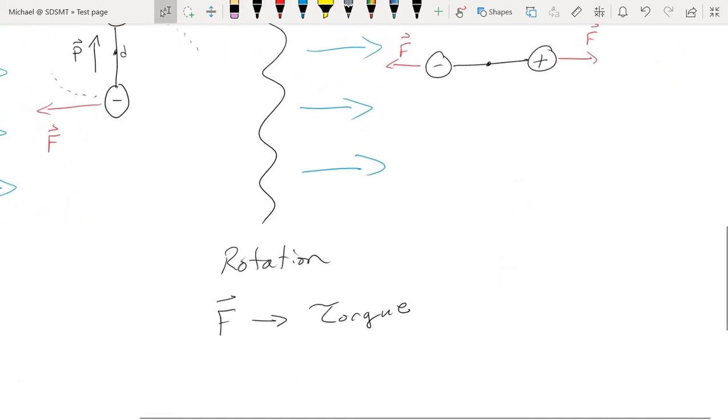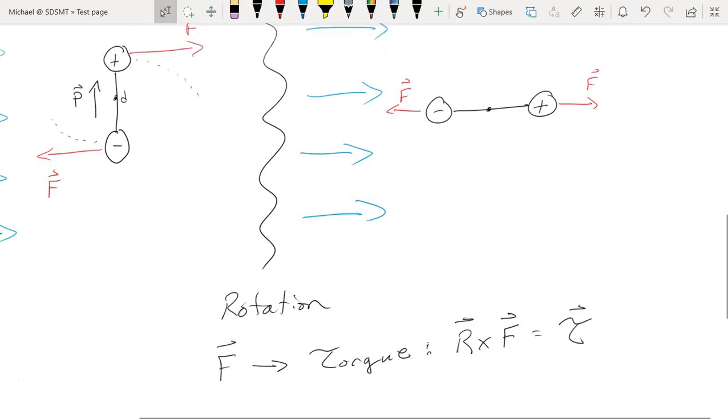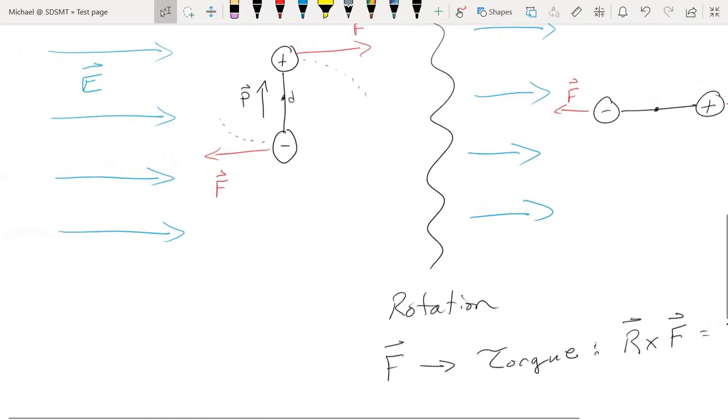Back in Physics 1, torque was defined as the combination of force applied at a given radial position, and we combine those two using a cross product. So the torque becomes a vector itself, found by carrying out the cross product.